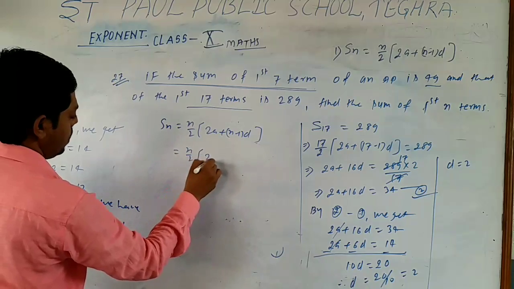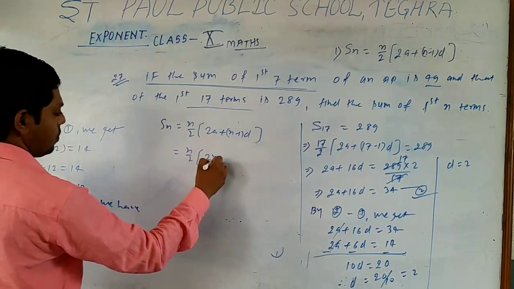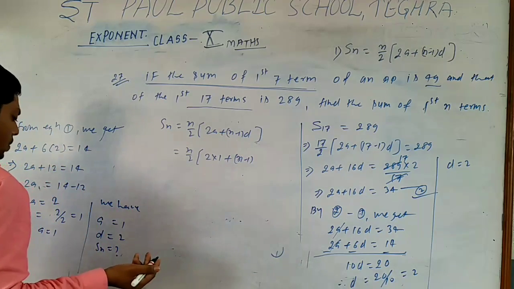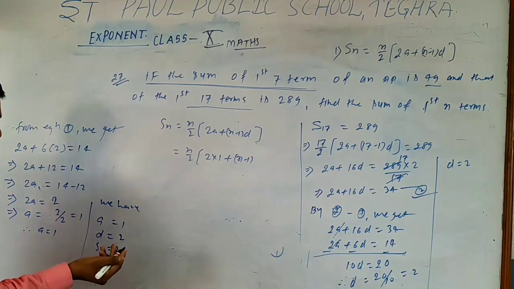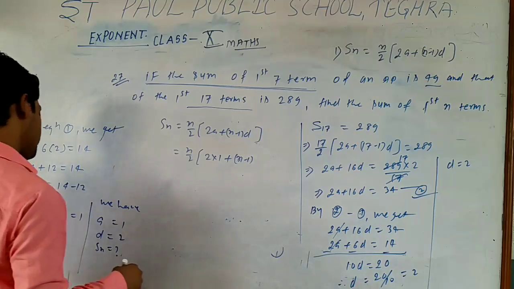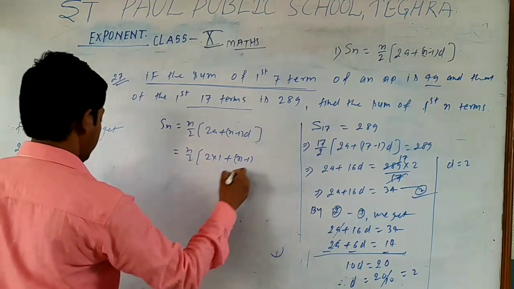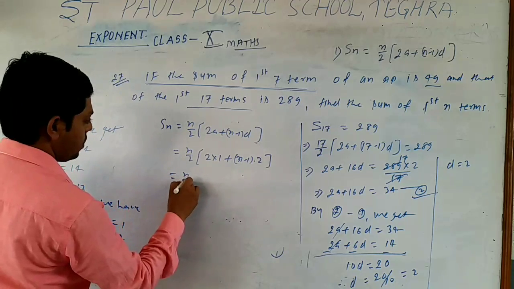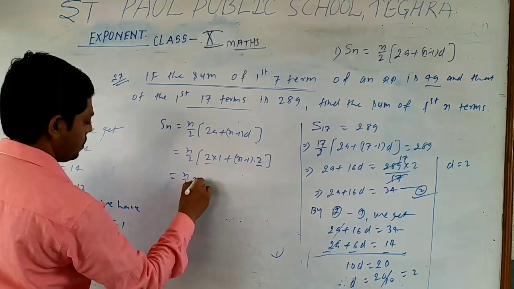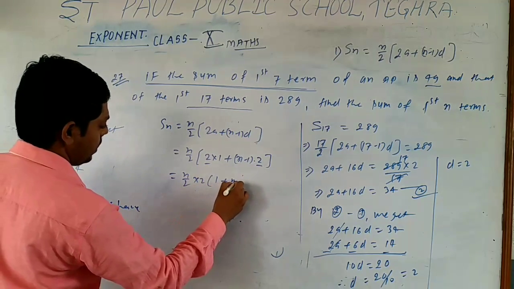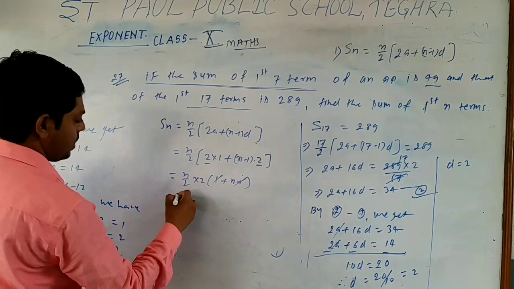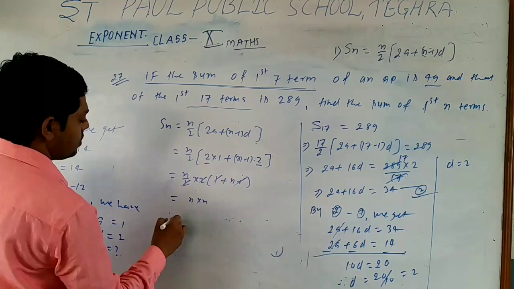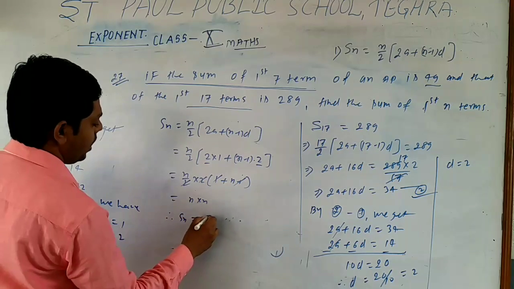In place of a we put 1, n remains n, and in place of d we put 2. This becomes n by 2. By taking common 2 from both terms, this becomes 1 plus n minus 1. By cancelling this, we have n into n. Thus, Sn equal to n square.